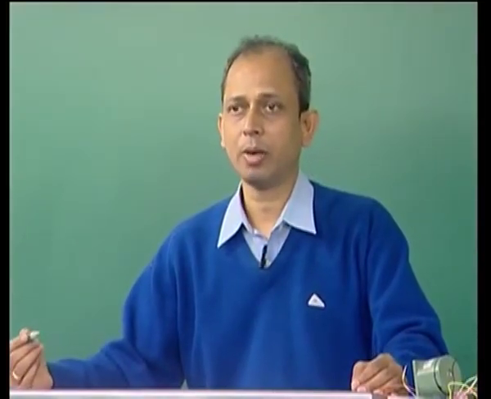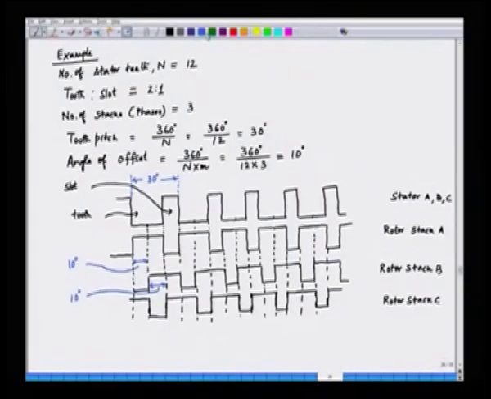So, we have seen how the stator and the rotor teeth are organized here. Now, we will be switching from phase A to phase B to phase C. Now, when we switch phase A, the MMF will be along the phase A, only in phase A. So, in fact, what we see here is that the MMFs or the flux lines will be in phase A, this is in the tooth, and so on.